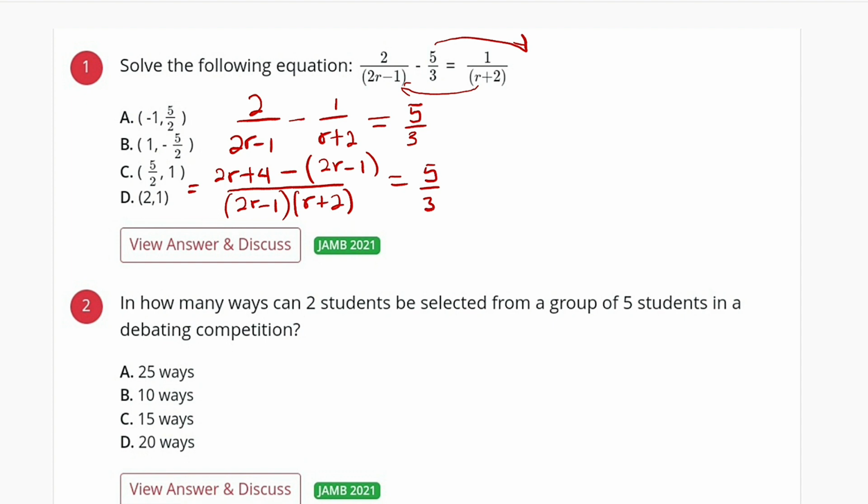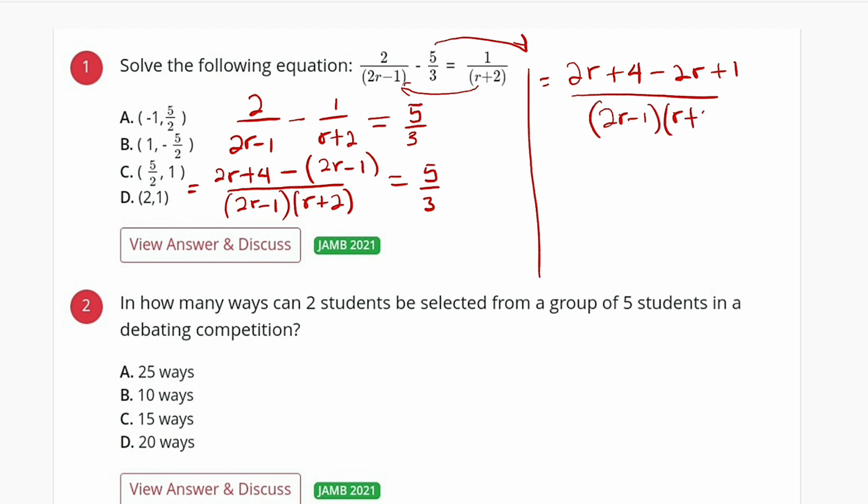Now let us simplify the numerator. You know that this negative sign will affect everything under the bracket. So let me do it on the other side. We have 2r plus 4, then minus 2r, then that minus 1 will become positive 1, divided by 2r minus 1 multiplied by r plus 2.